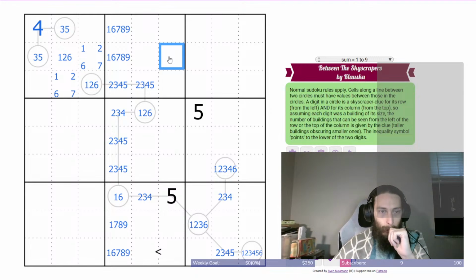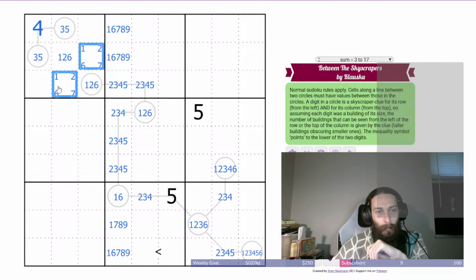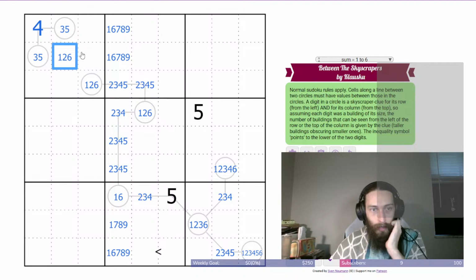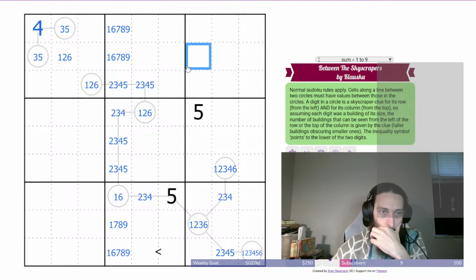Right. But the 5 could be 1, 2, 6, or 7. Right. Which gives us some more space. So I'm going to remove that. This we know has to be 1, 2, or 6. Right.